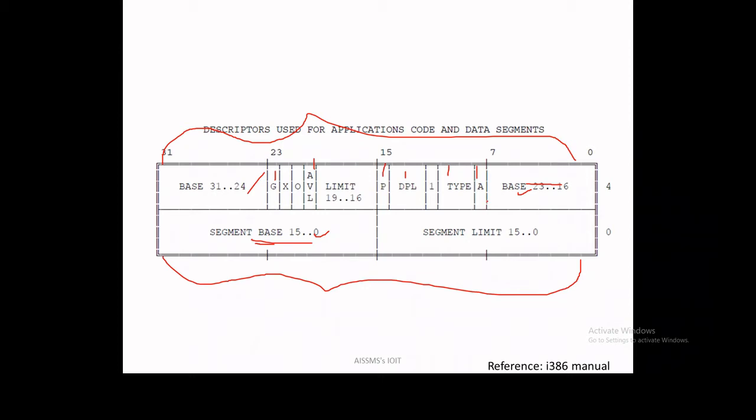This base shows the base of the segment in physical memory. What is the base address of the particular segment? Which segment? Data or code, because this descriptor structure belongs to code and data segments only. So this base field gives you the base address, the starting address of the segment.